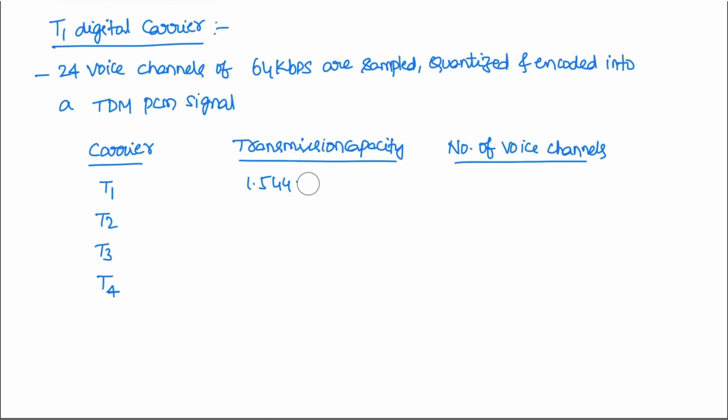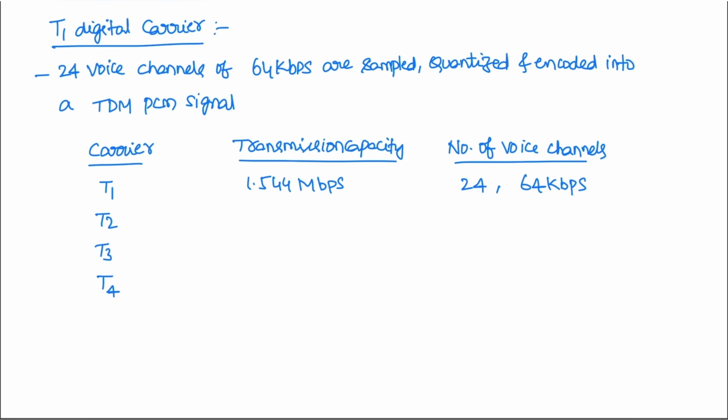The T1 carrier has 24 voice channels, and each voice channel has a capacity of 64 kbps. This 24 into 64 will become 1.544 into 10 power 6 bits per second.